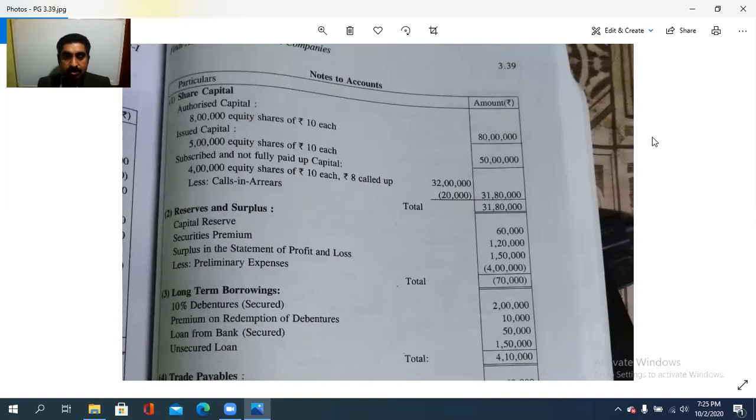Issued capital 5 lakh equity shares of rupees 10 each, 50 lakhs. That is all in the question, but we need to take only the subscribed and not fully paid up capital. Understand, students? Authorized capital is the registered capital. Issued capital is to be issued to the general public, and out of the issue only 32 lakhs equivalent amount of the shares is subscribed.